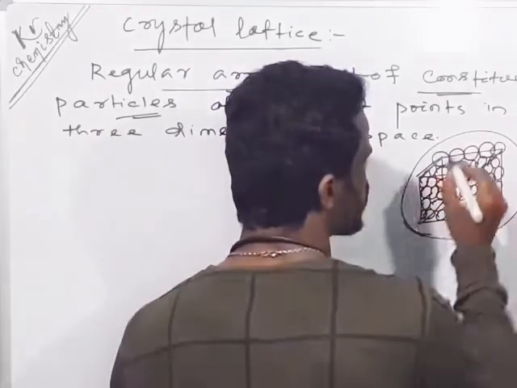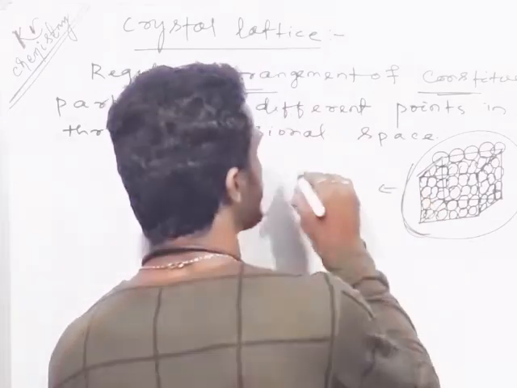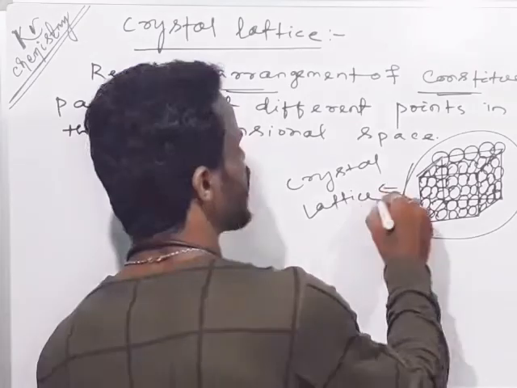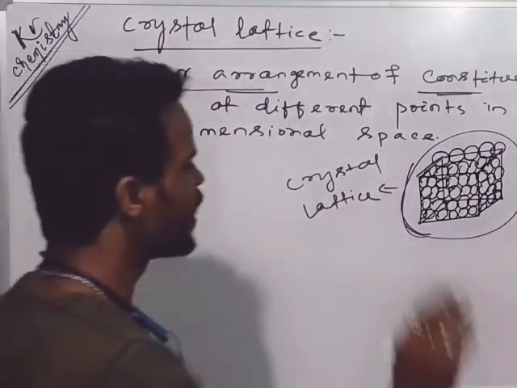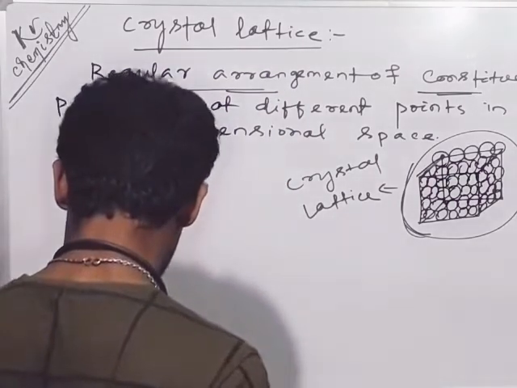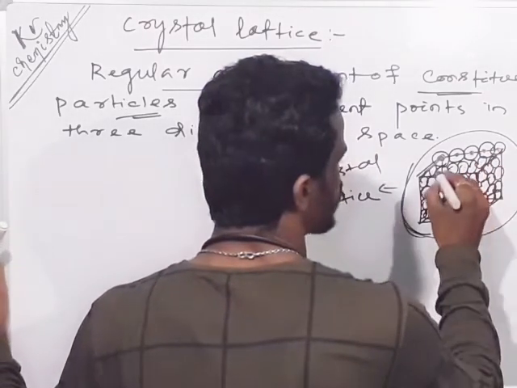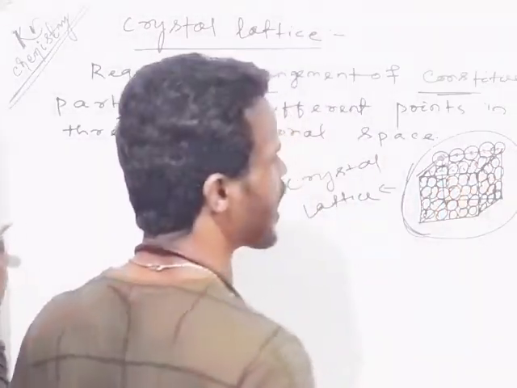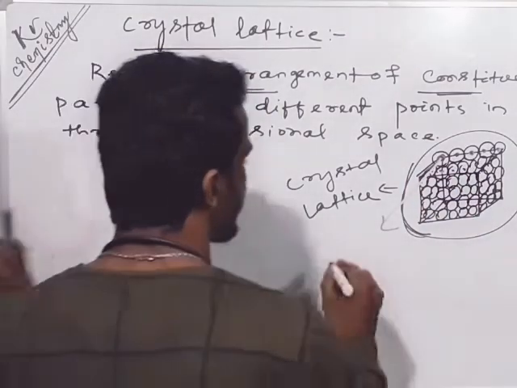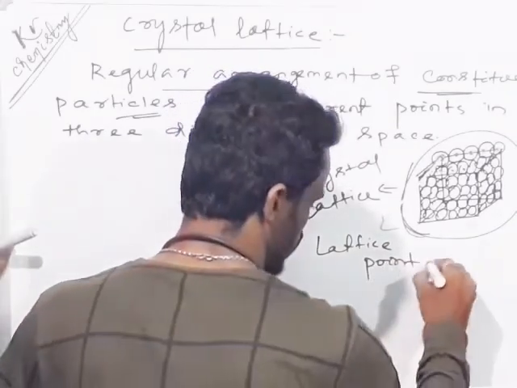This cube consists of each and every lattice point, and this is totally called a crystal lattice. Each and every point on the crystal lattice, this point, this one, is called its lattice point.